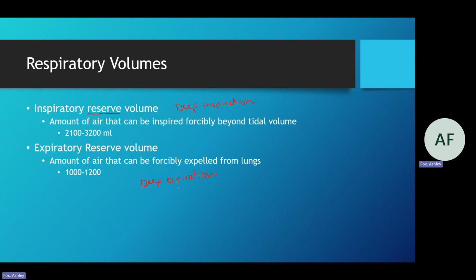So you breathe in and breathe out, that's tidal volume. Then breathe out a little extra. Breathe in normally, breathe out normally, and then really try to expel more air. That's your expiratory reserve volume. So it's just the extra that we can get in or the extra that we can get out past that tidal volume.